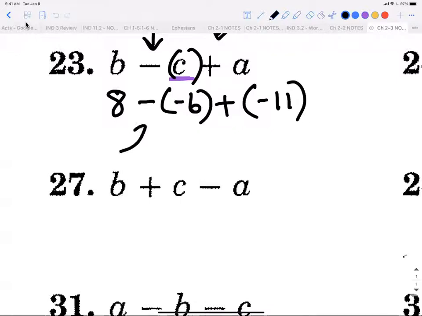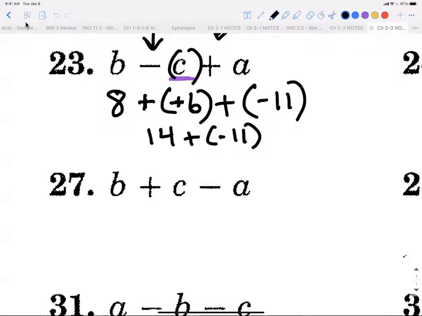If I have a negative negative at any point, my first step is going to be to change it, change it. That's going to clean that up a whole lot and make that a lot easier to work. Now it's just simply 8 plus 6. 8 plus 6 is 14 plus a -11. That should look a lot like yesterday. Positive 14, -11.